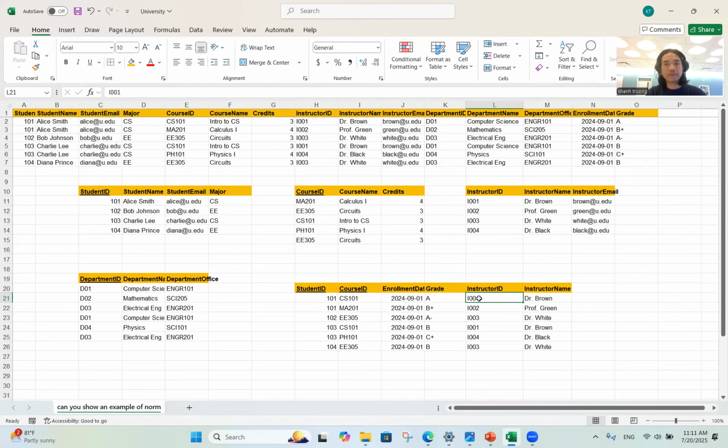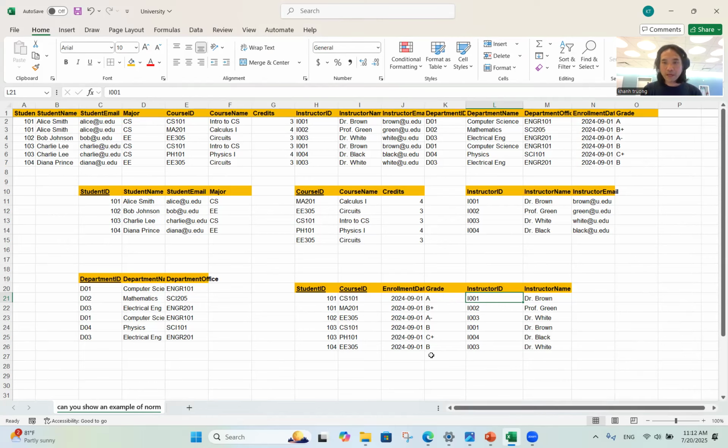The primary key for this table is the composite key, like I said, the student ID and the course ID. But remember that the instructor ID does not depend on the student. The instructor is associated with the course they teach. It's not associated with the student ID.